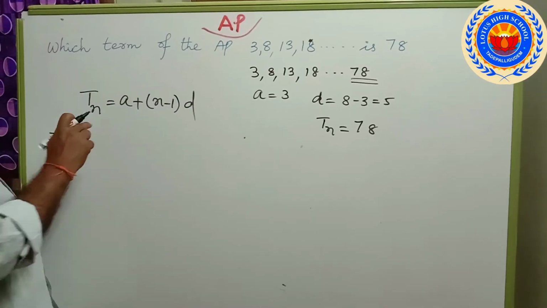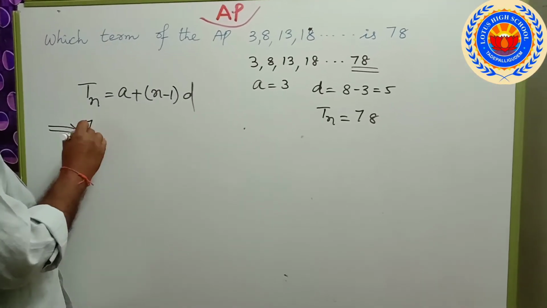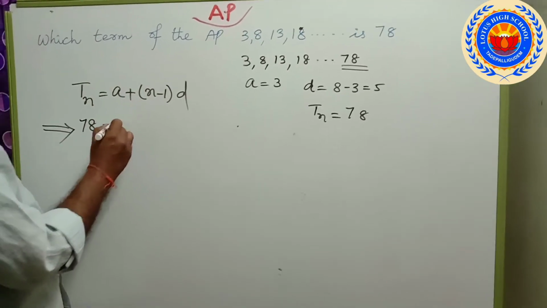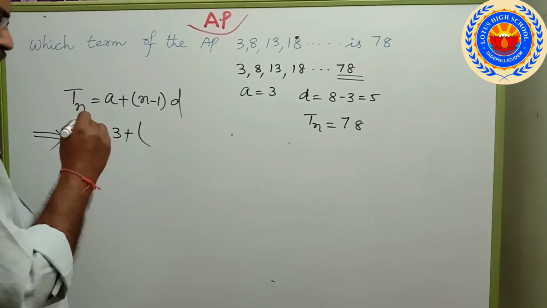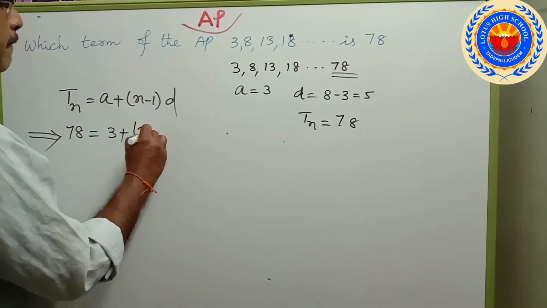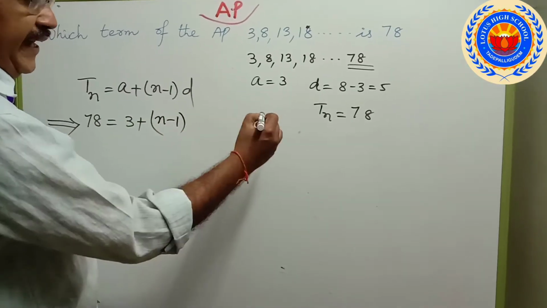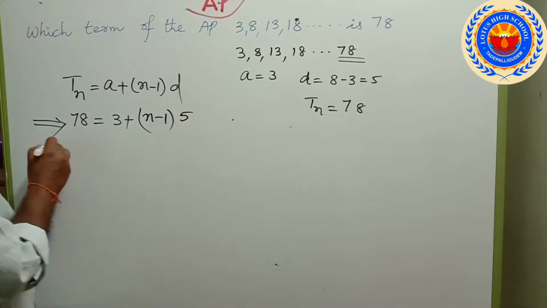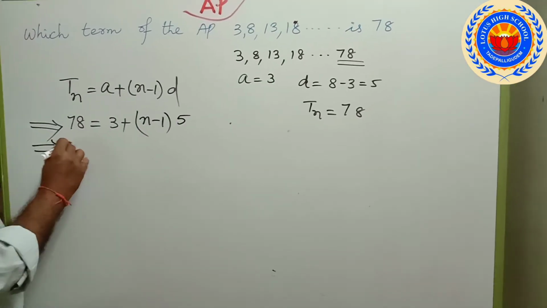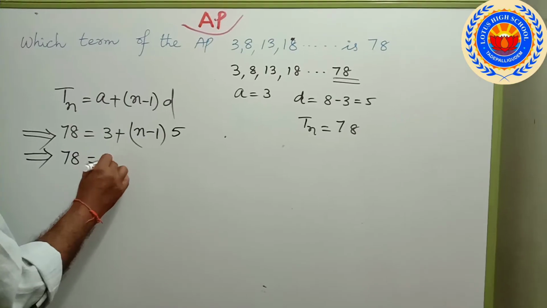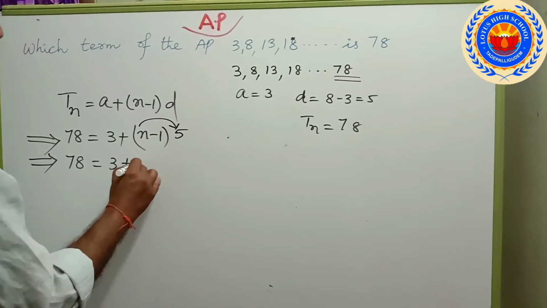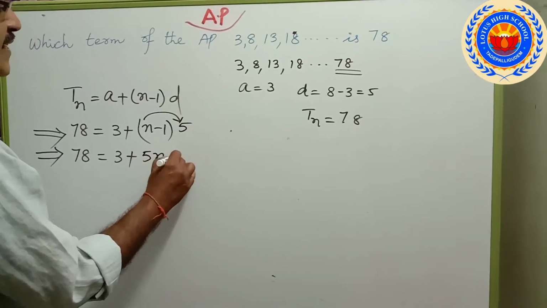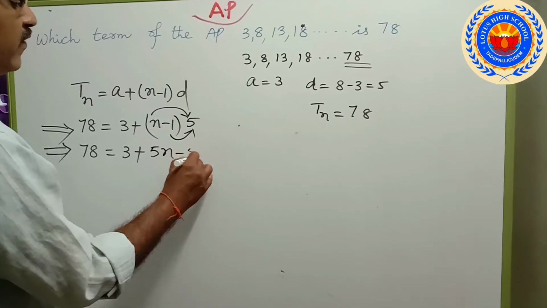Tn is 78, a is 3, n is the required number, and d is 5. That is, 78 is equal to 3 plus, by the distributive property, 5n minus 1 into 5.